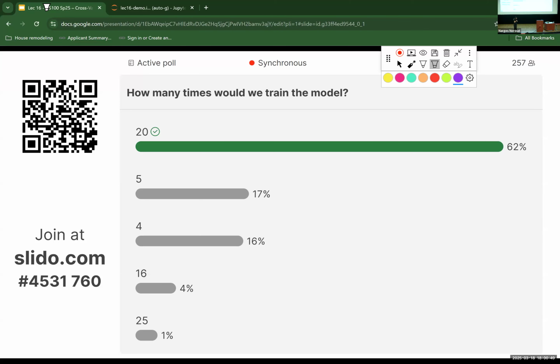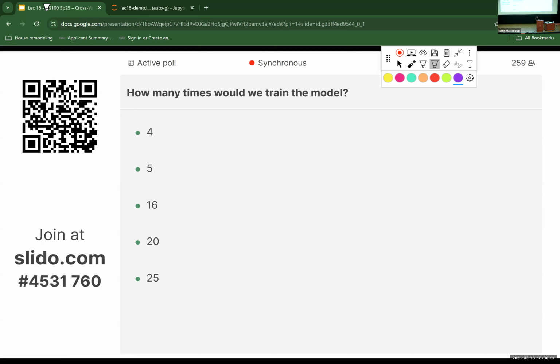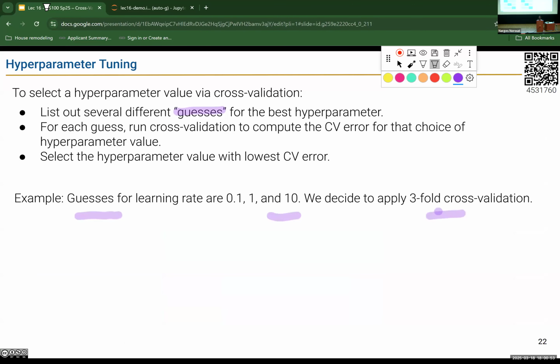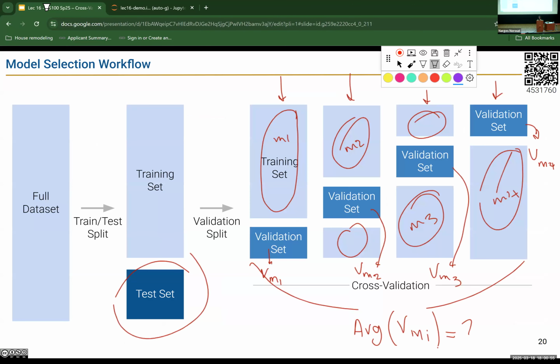But I want to tell you one thing, going back to this: we do all of this cross-validation, it's cool, right? What is the final model that you want to package and send out to someone to test on the test set? What we would do is use this process to do model selection. We say, okay, polynomial degree 2 is good, and my learning rate of 0.1 is good.